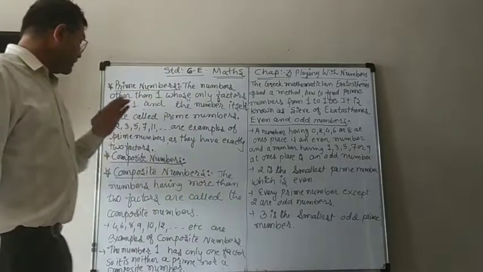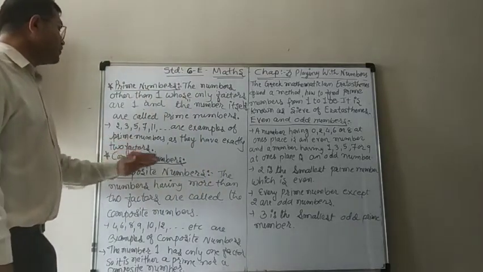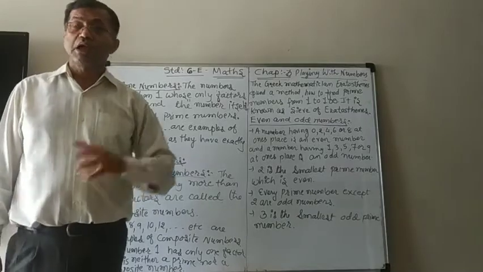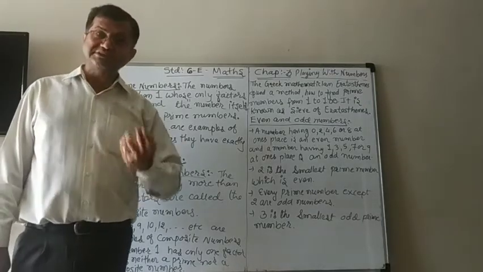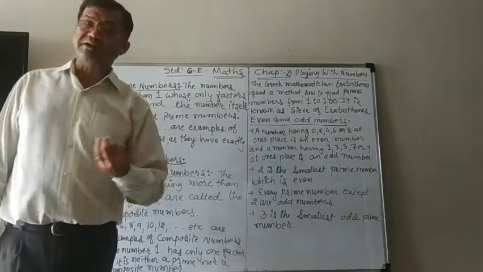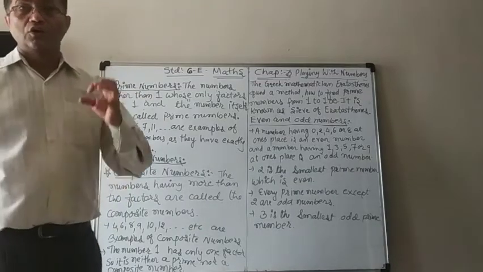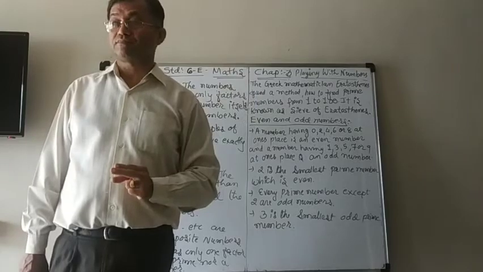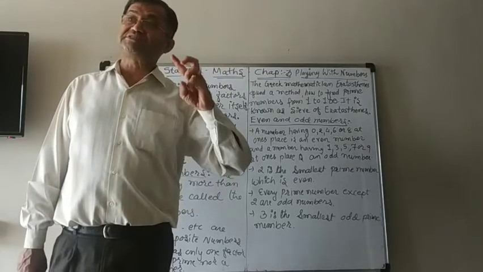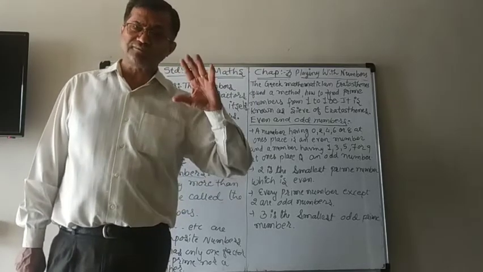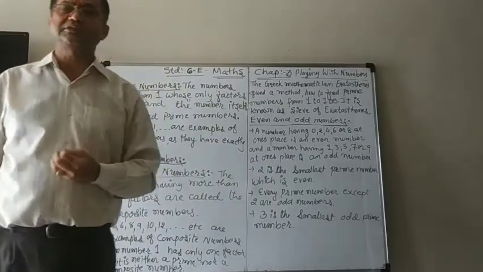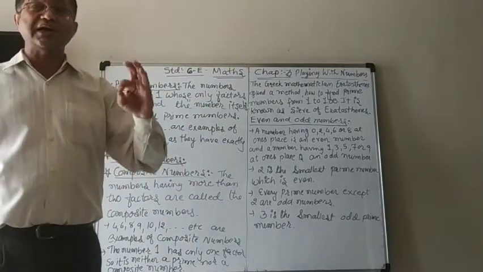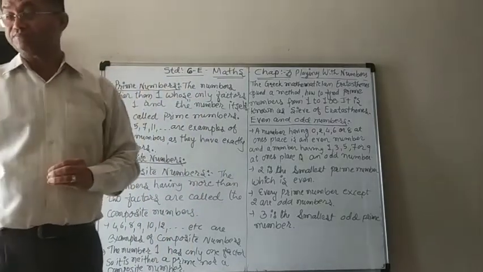Now composite numbers. Composite numbers means the numbers having more than 2 factors. If there are 3 factors, 4 factors or more, whatever it is, they are known as composite numbers.